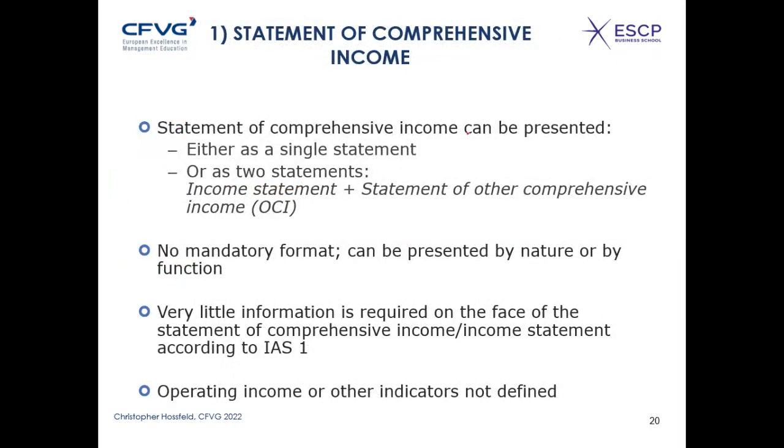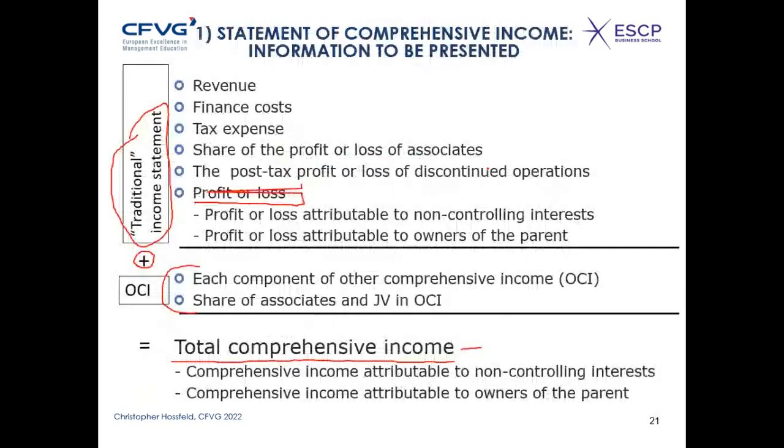All right, so here's some things on the presentation of the statement of comprehensive income in IFRS. The statement of comprehensive income can either be presented in a so-called single statement or in two statements. So what does that mean? Single statement means all of this here on one page, basically.